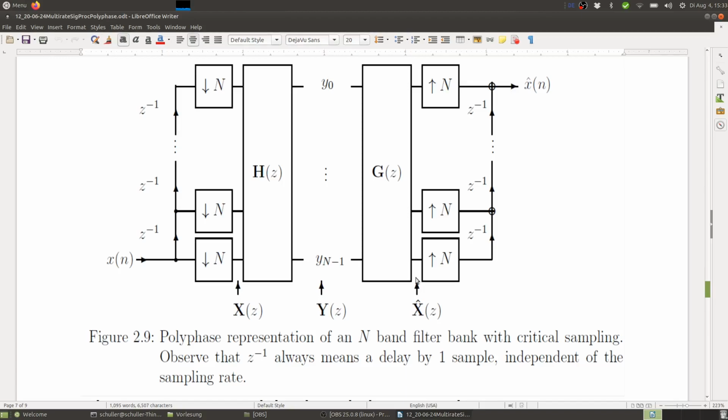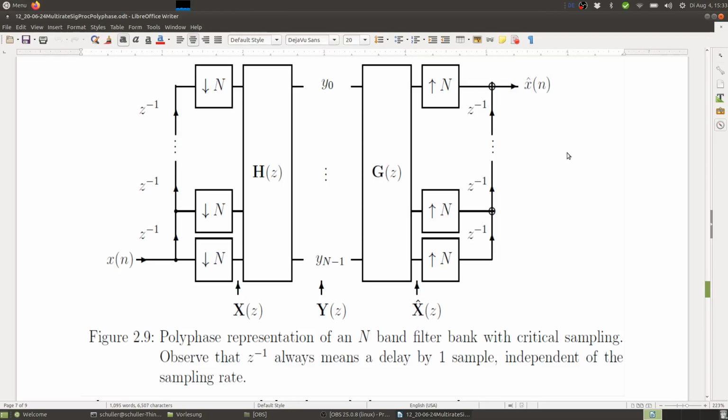So this takes n samples, upsamples them by appending n-1 zeros, feeds them into this delay line, and this delay line then operates at the higher sampling rate and shifts them out at the original sampling rate, and after one block is shifted out, the next block arrives, is upsampled and shifted out. Right, so this is basically concatenating blocks for the output.